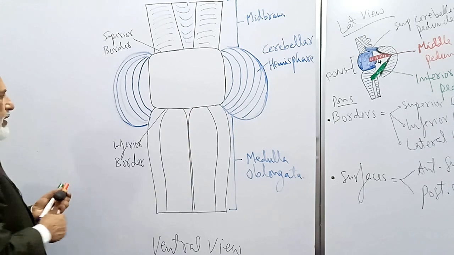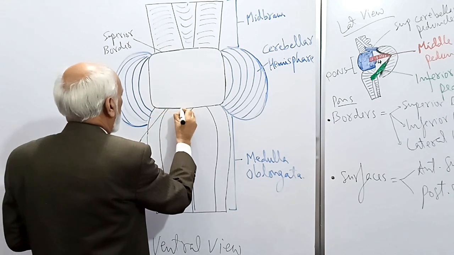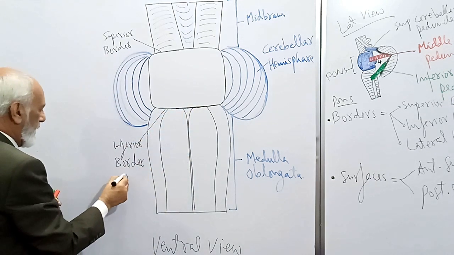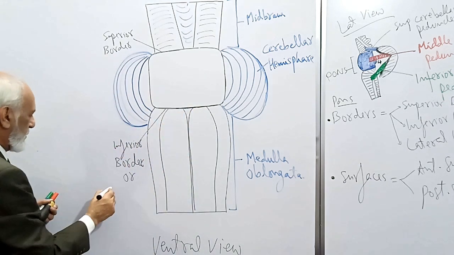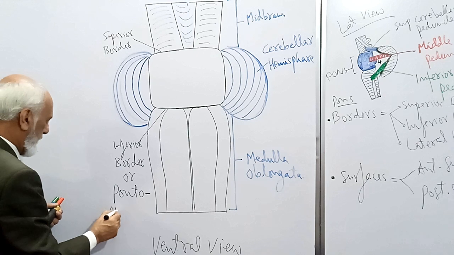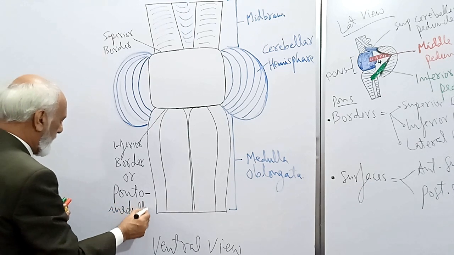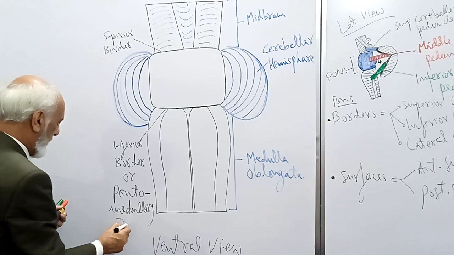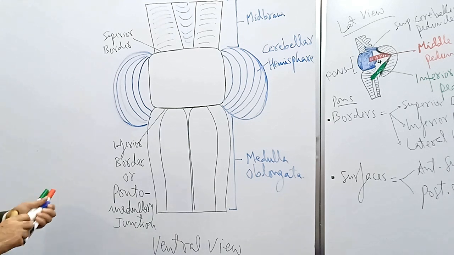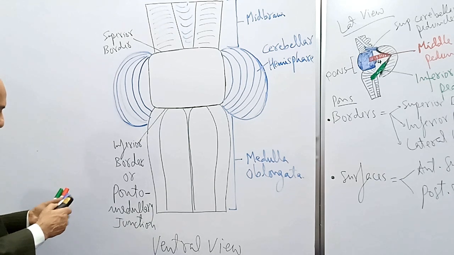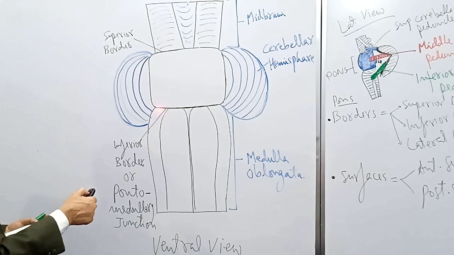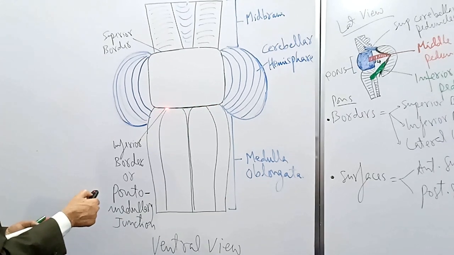Now this inferior border of the pons is also known as the pontomedullary junction, the junction between the ventral surface of the pons and the ventral surface of the medulla oblongata, at the inferior border of the pons.